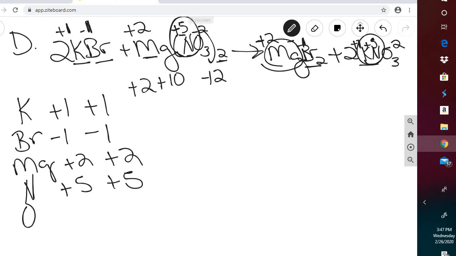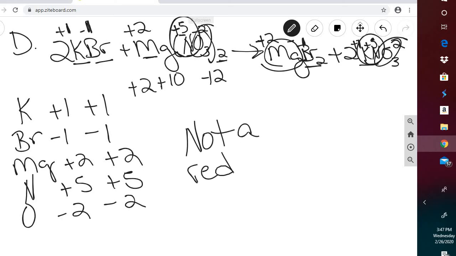And oxygen, its oxidation state here is -2, and its oxidation state over here is also -2. So this is not a redox reaction. In order for it to be a redox reaction, something has to be reduced and something else has to be oxidized.